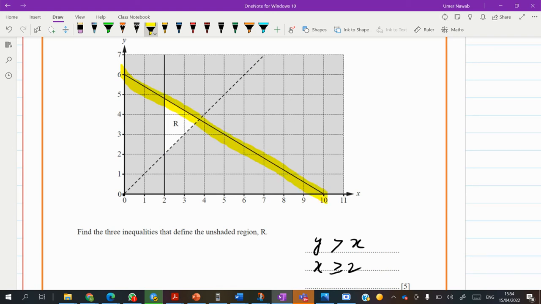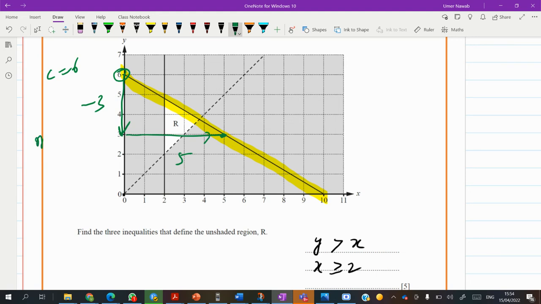Okay. Let me get the gradient. The y-intercept c is 6. Let's check from which corner it is passing through. It is passing through here. So 3 units down and 5 units to the right.